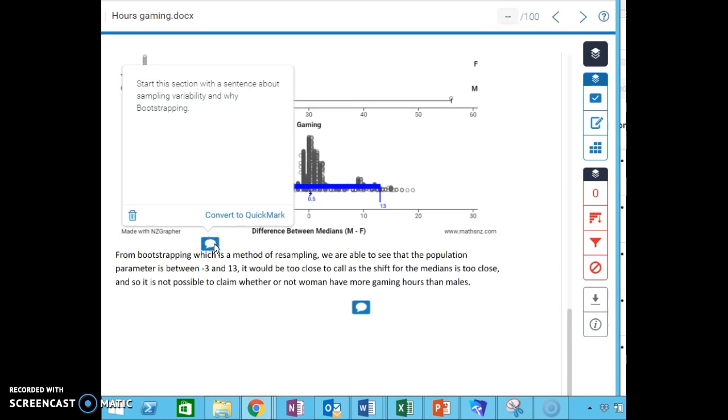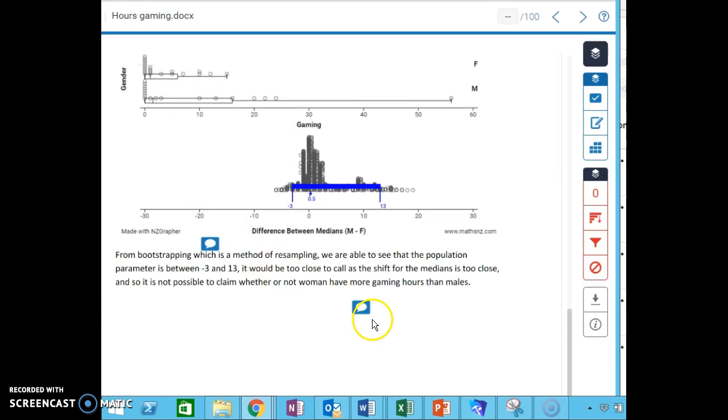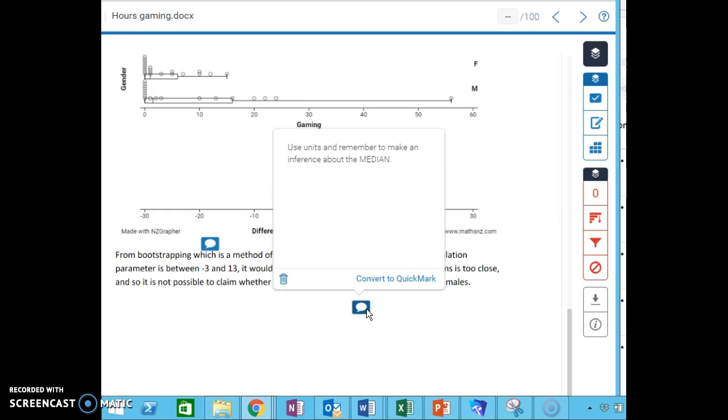Start this section with a sentence about sampling variability, and then you can justify why, because bootstrapping, remember, is a simulation of sampling twice, 3 times, 4 times from the population. So that's where that person should start. And then lastly, it needs to make an inference about the median.